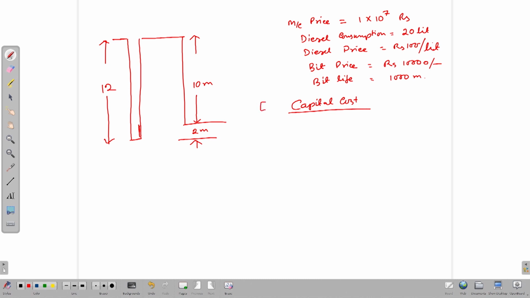So, first cost head, that is capital cost. Capital cost, we know, is the owning cost of the machine, the price is given. So, we have to assume the life.